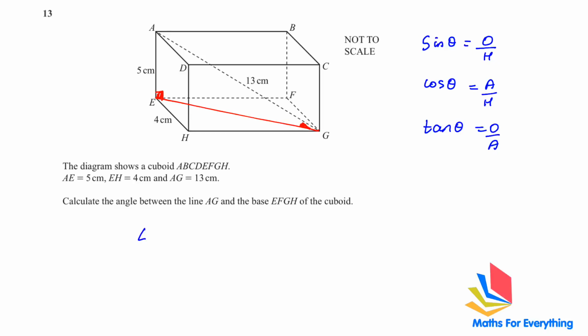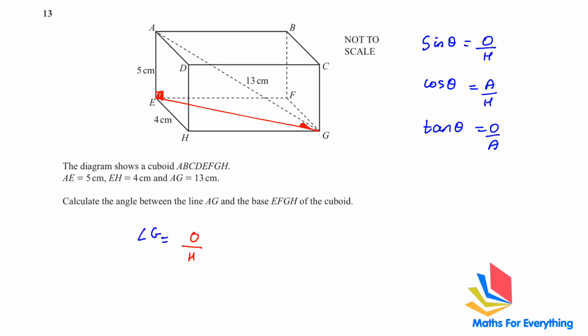You want to find angle G. What do you have? You have the opposite. The side opposite the right angle is the hypotenuse. So you also have the hypotenuse. That means we have to use sine.